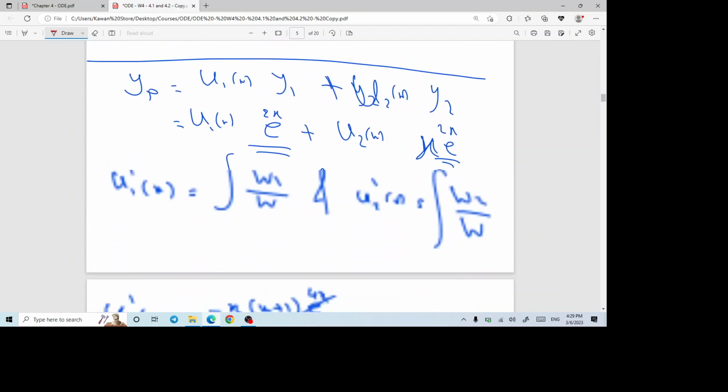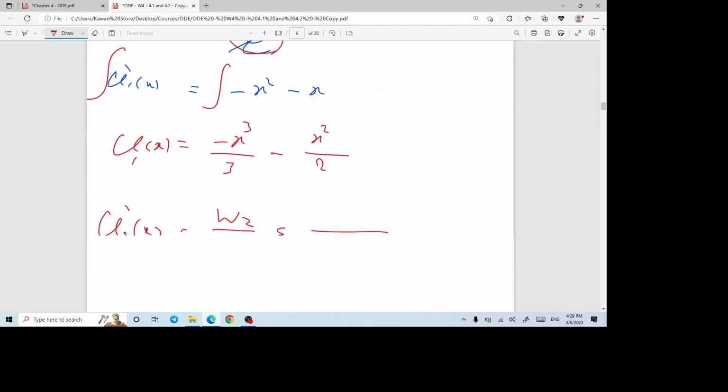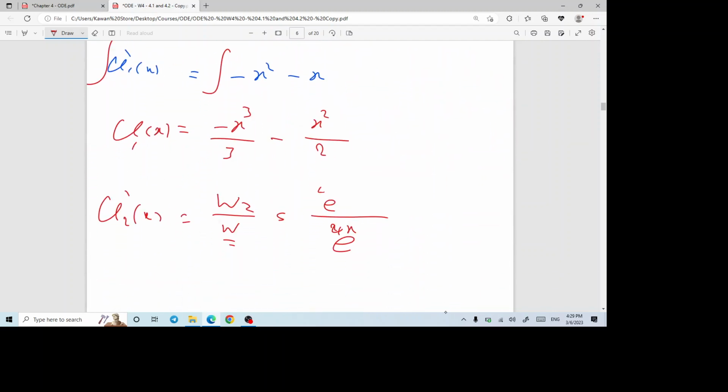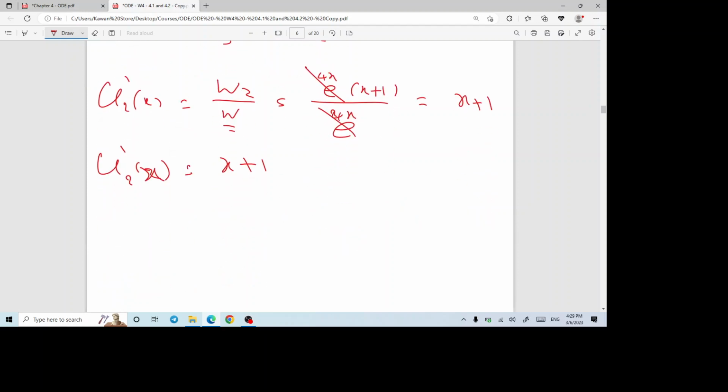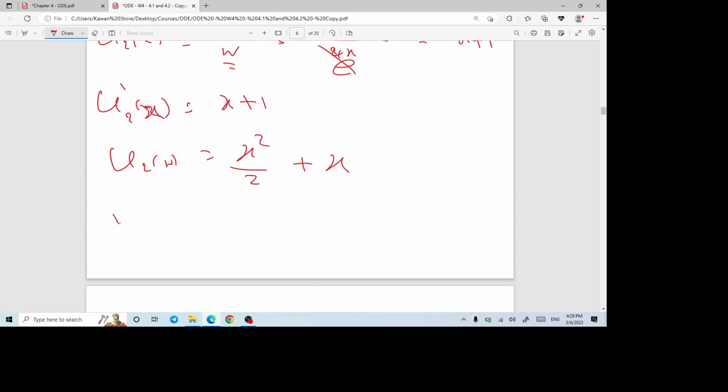E to the power 4x, x plus 1. You got it, dears? So then we will get x plus 1. So u2 prime is equal to x plus 1. How about u2? It means we integrate both sides. Clear.